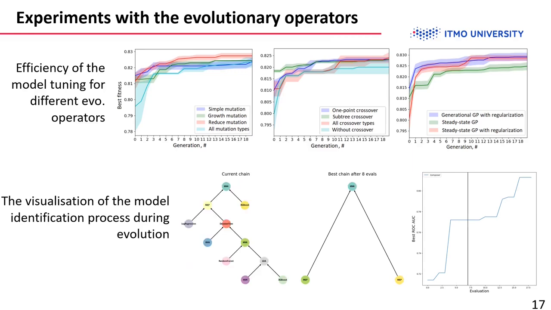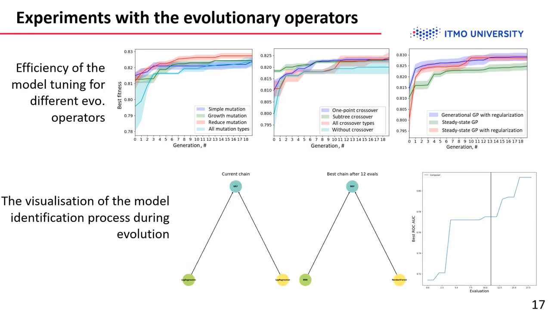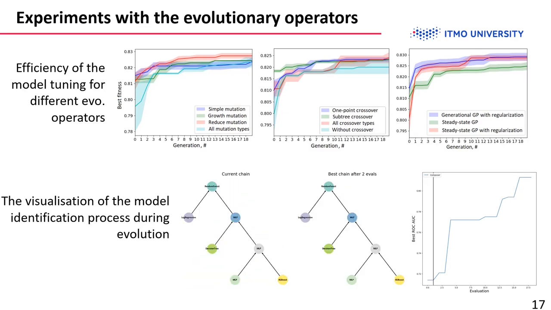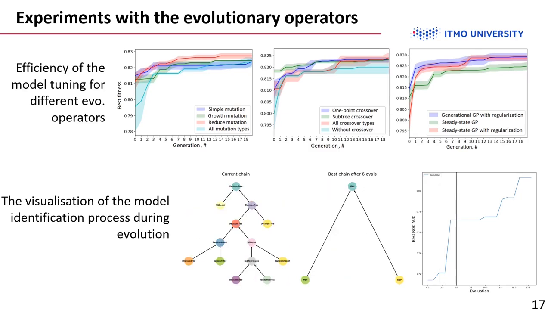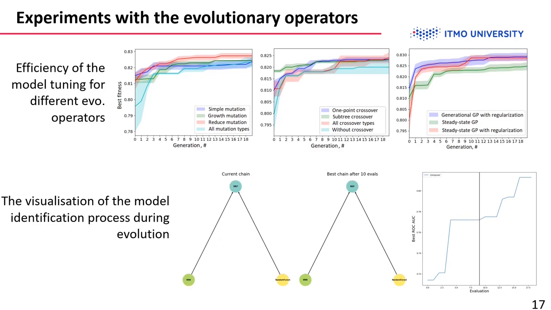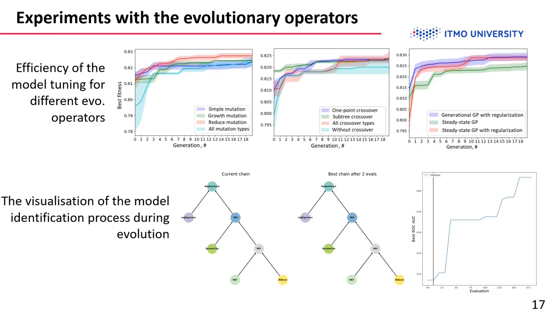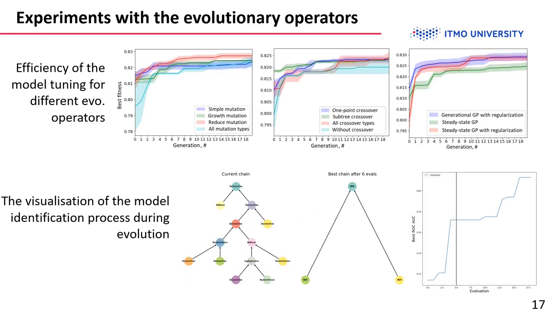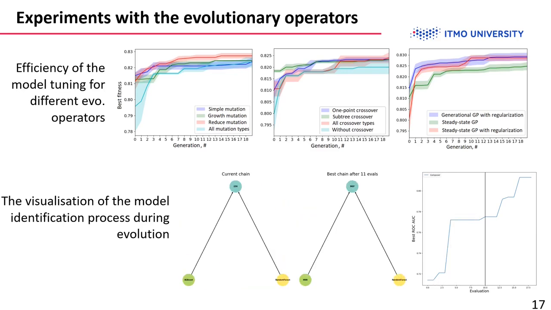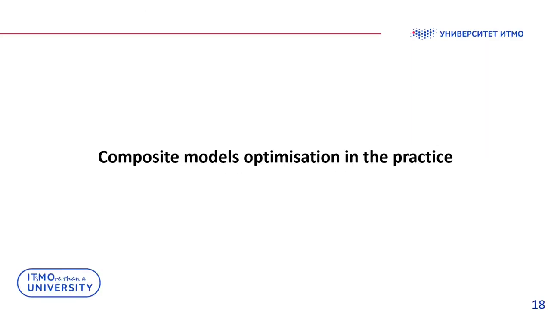In the bottom part of the slide, the visualization of the evolutionary process is presented. You can see the candidate individuals, the best individual after several evaluations, and the growth of the best value of the objective function found during evolution. Now let's discuss the application of the composite model for practical purposes.